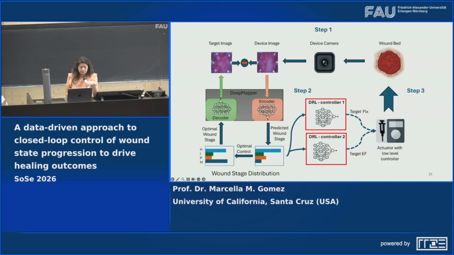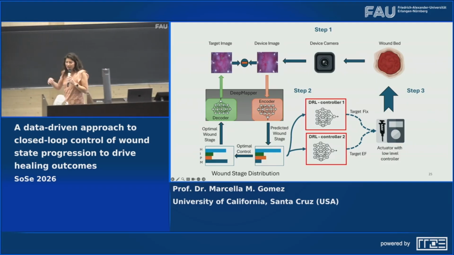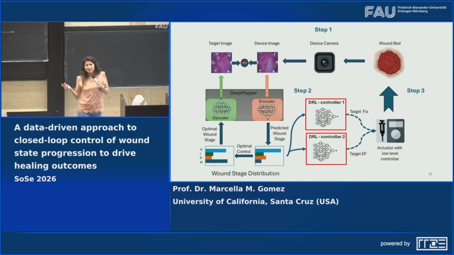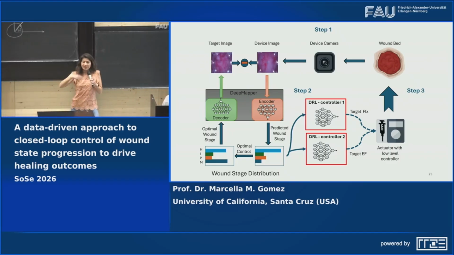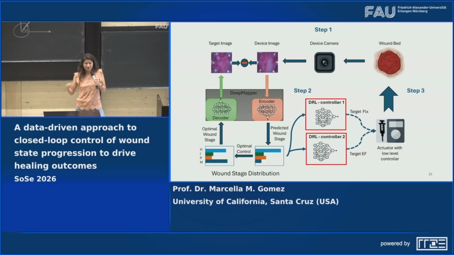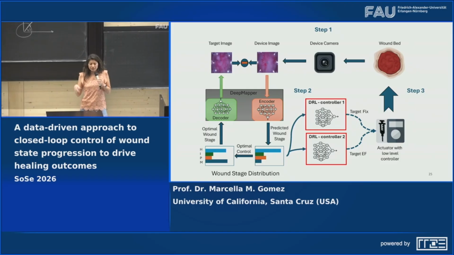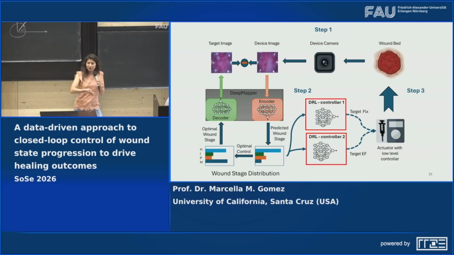our target image. Why? Now that we have this linear model, we can actually apply, although we have this reinforcement learning algorithm, a deep reinforcement learning algorithm takes a long time to converge. You need to iterate thousands and thousands of times for that algorithm to converge. But we had the linear model, so what we did is that we can then use some optimal control law on the linear model to guide the reinforcement learning.